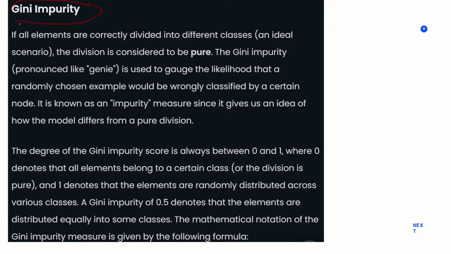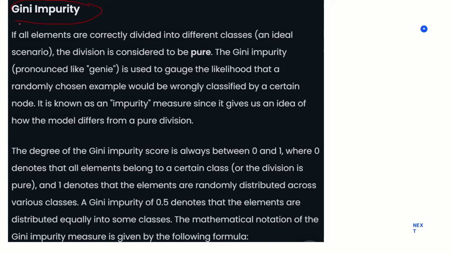So we have parameters like pure Gini impurity and impure Gini impurity. If all the data that we are dividing into branches is divided into different classes and the division is considered pure, we say that it is pure Gini impurity.